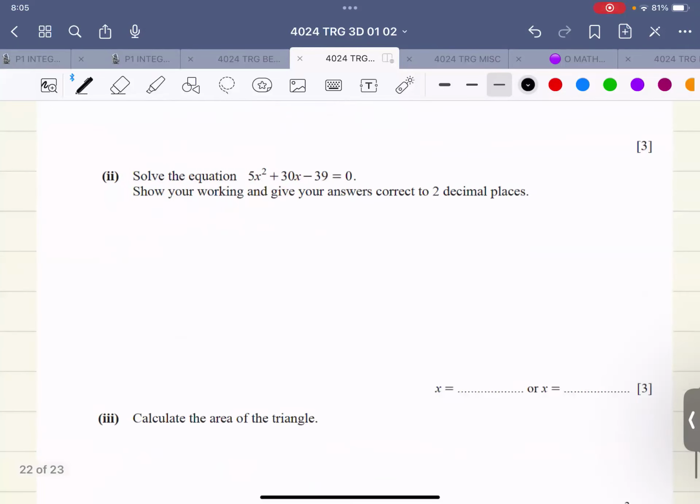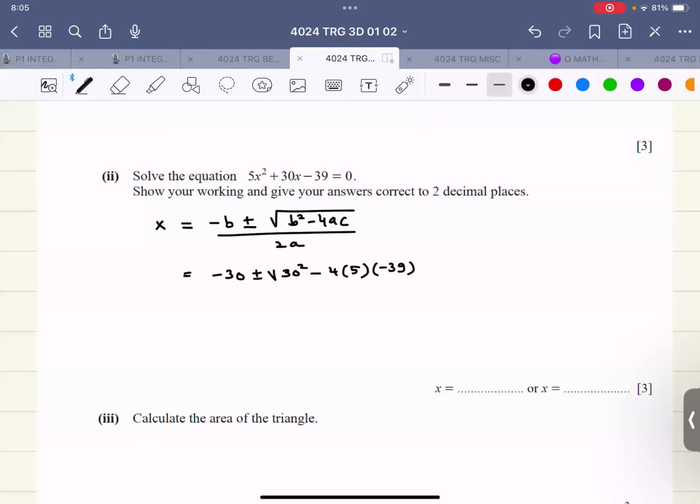Solve the equation, give your answer correct to 2 decimal places. X is equal to minus b plus minus square root b squared minus 4ac, the whole thing divided by 2a. So therefore, this is minus 30 plus minus square root of 30 squared minus 4 into 5 into negative 39. So again, be careful because this negative and this negative becomes a positive.